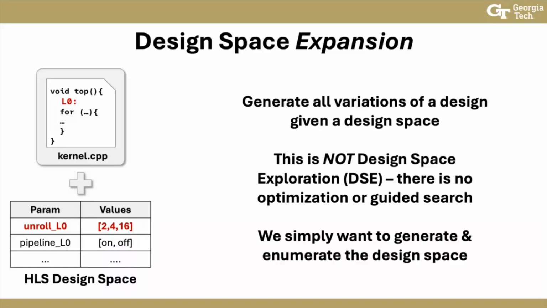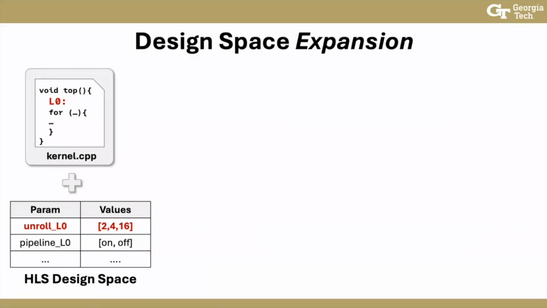There is no optimization or guided search. We're not trying to make something as fast as possible or find the best design. We simply want to generate and enumerate the design space, to generate different varied data points. So in this example on the bottom left, there are 15 possible designs that we could parameterize here.